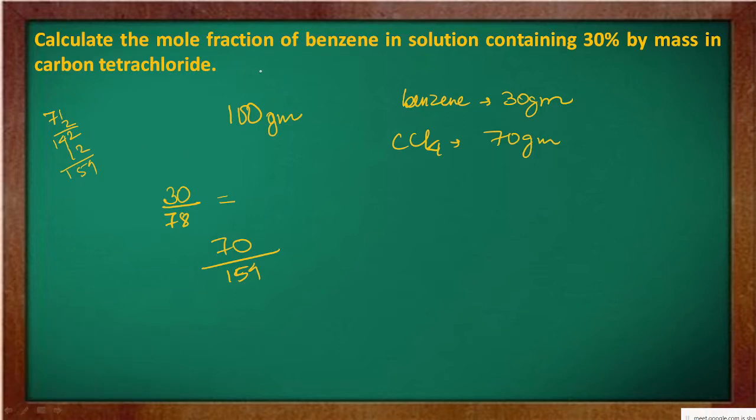The mole fraction you will calculate. Here you have been given the percentage, meaning in your solution, carbon tetrachloride is 30%, only 30% is carbon tetrachloride.